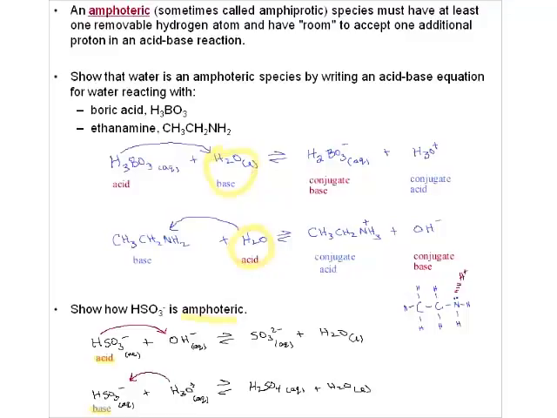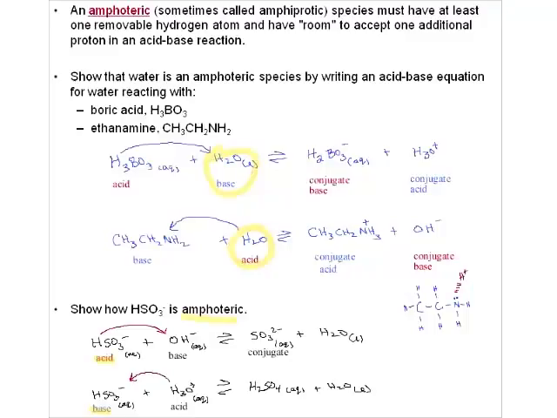I should really write in what the others are behaving as. Here we go. So OH minus is acting as a base. H3O plus is acting as an acid. SO3 2 minus up top there has to be a conjugate base. It cannot be an acid because it doesn't have any hydrogen to transfer or donate, because you don't throw away anything.